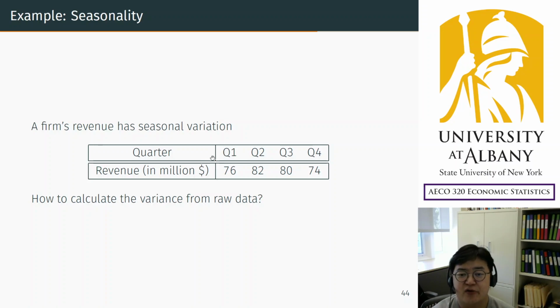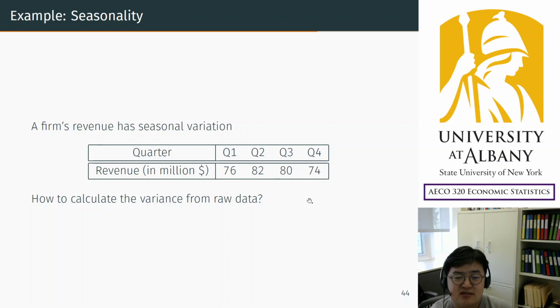Here, let's think about a firm that gives us four observations, the sales in each quarter: $76 million in the first quarter, 82 in the second quarter, 80 and 74 in the following quarters. We are going to consider these four numbers as a sample. There are only four numbers for simplicity.